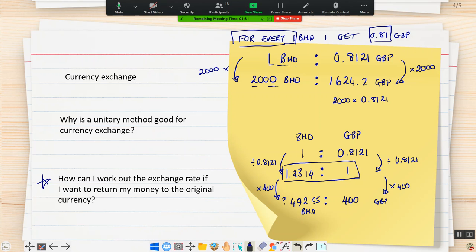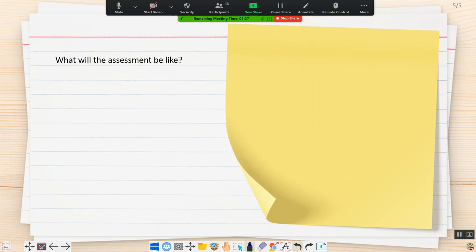Right, so what will the assessment be like? Like I've said, probably about 15 to 16 questions. It's going to be measurements, speed calculations, and exchange rates.